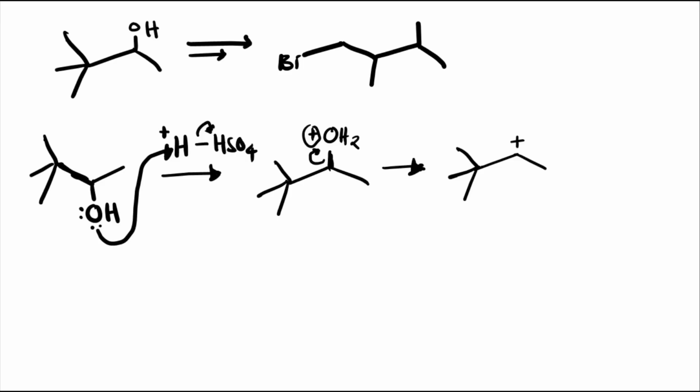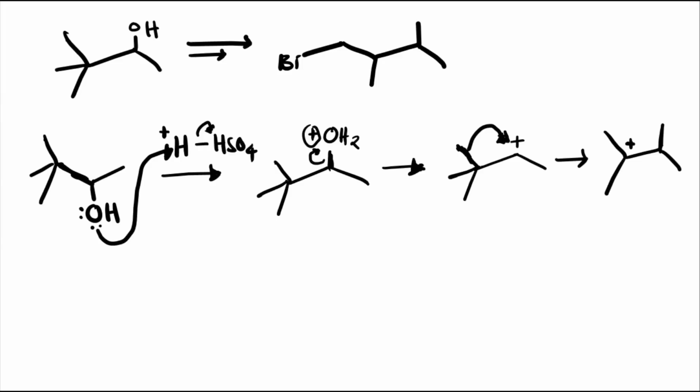So there's going to be an alkyl shift, which is a methyl shift from here to here. So this methyl here is going to shift from here to here, which will form this product here. And this carbocation is going to shift to here, like that. Okay.